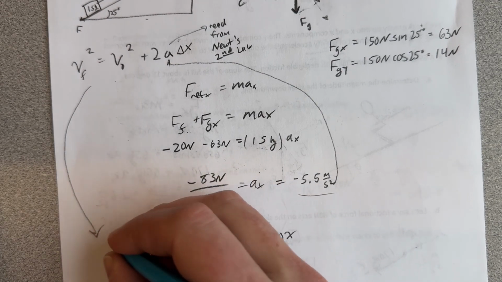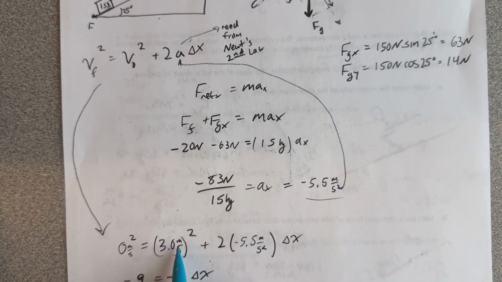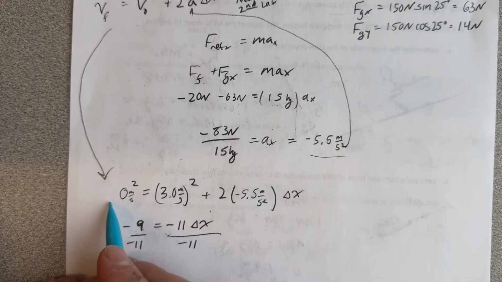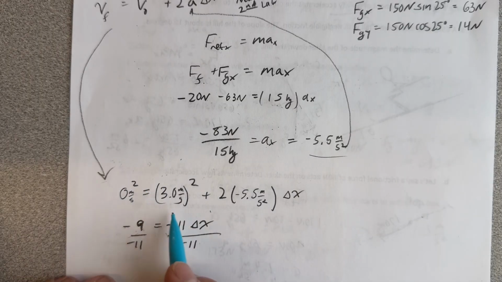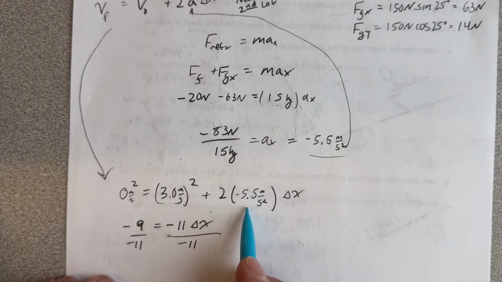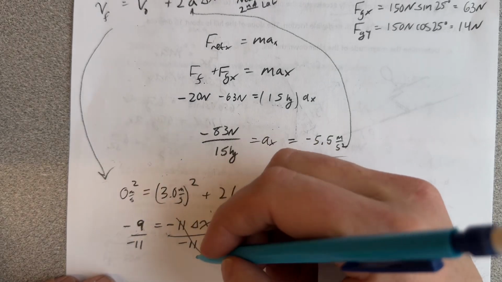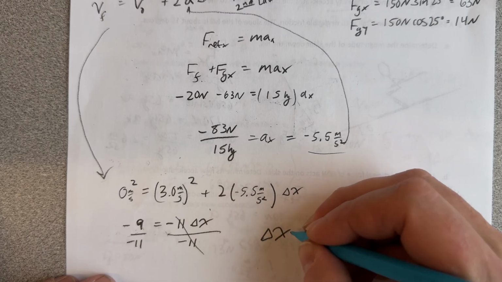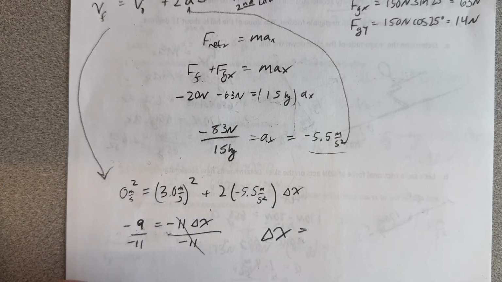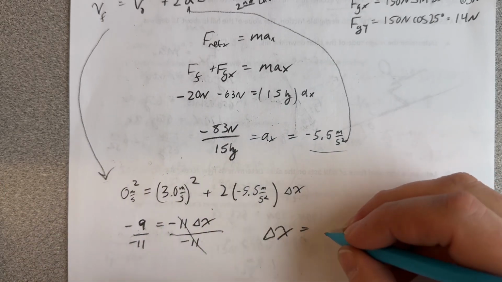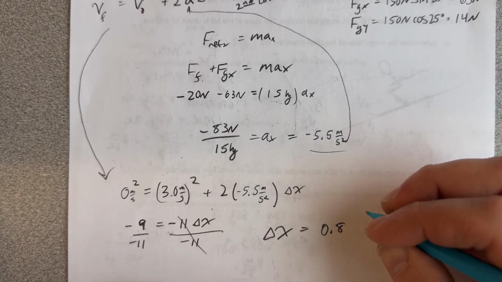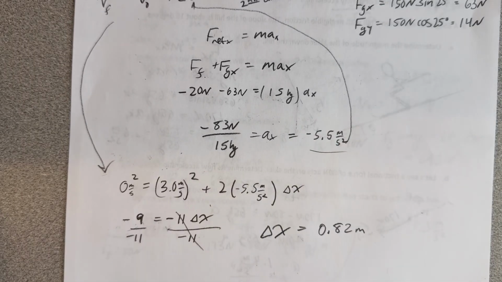When I bring that over to that side, it becomes negative 9. 2 times negative 5.5 is negative 11. That cancels out there. I get delta x equal to 9 divided by 11, which is 0.82 meters up the incline.